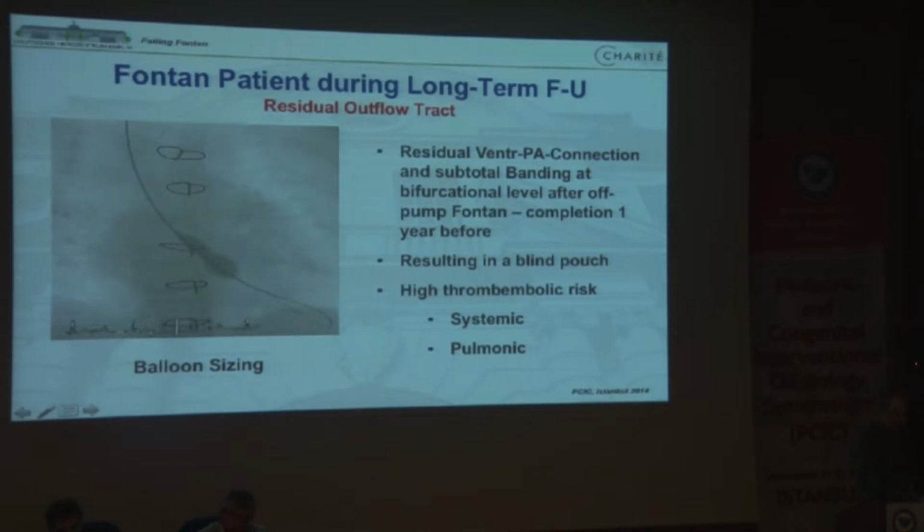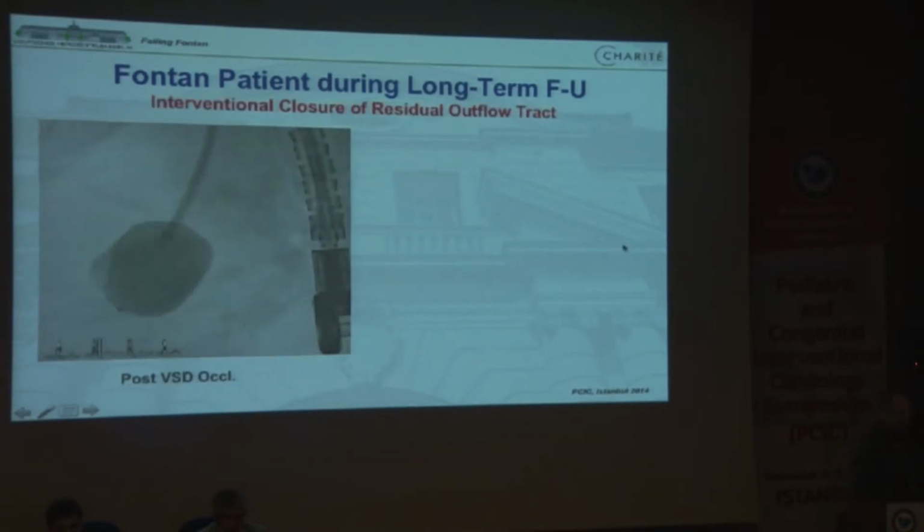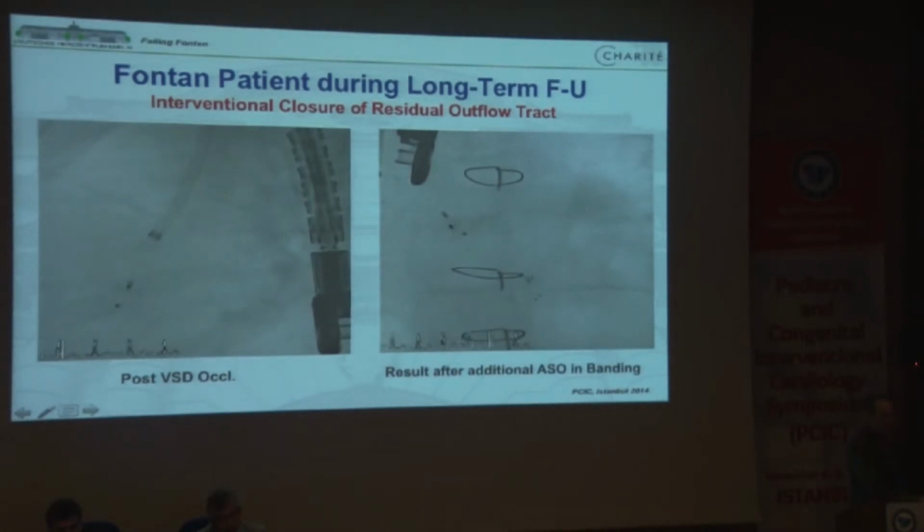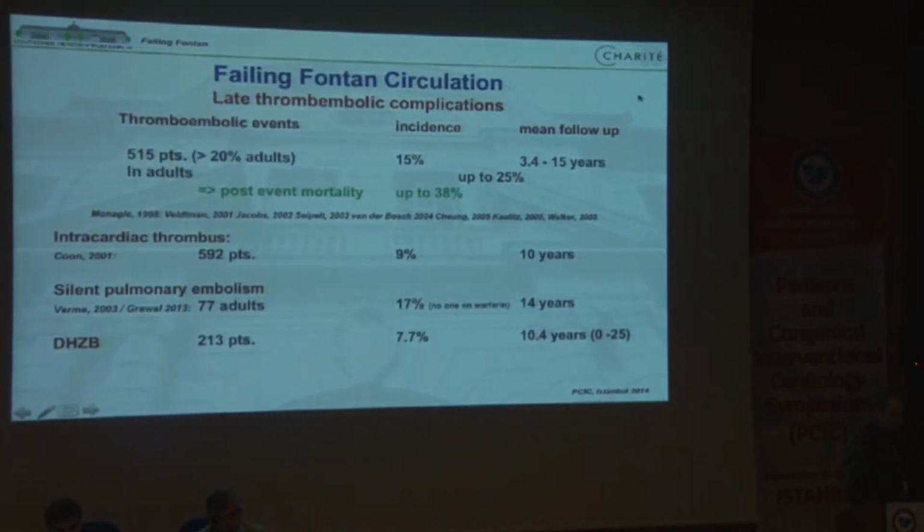And that was the reason why we had to close these. The first closure was the connection to the ventricle, and the second closure was implanted in the subtotal banding so that we excluded this blind sac from the pulmonary artery towards the modification.